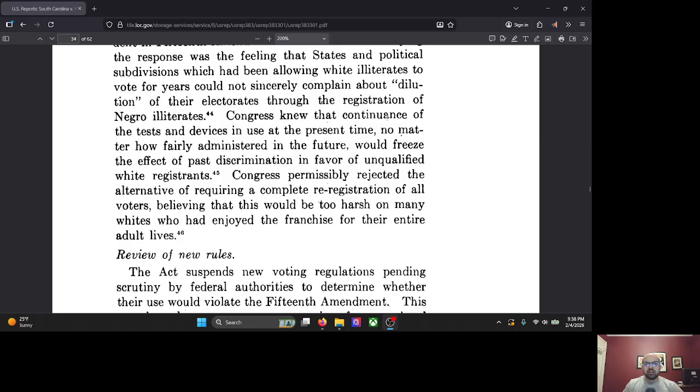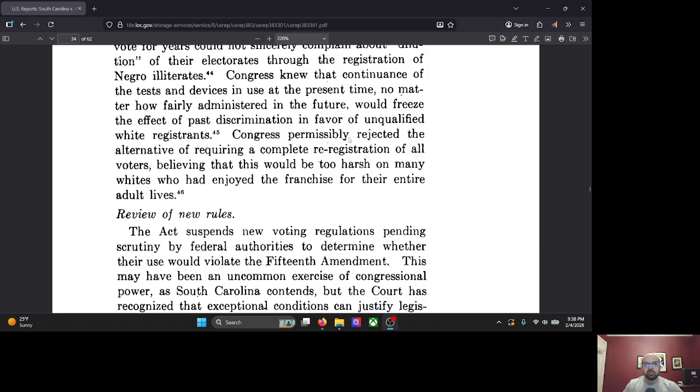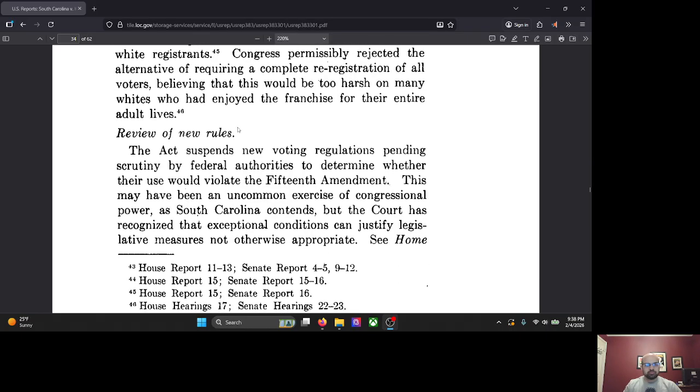Congress knew that continuance of the tests and devices in use at the present time, no matter how fairly administered in the future, would freeze the effect of past discrimination in favor of unqualified white registrants. Congress permissibly rejected the alternative of requiring a complete re-registration of all voters, believing that this would be too harsh on many whites who had enjoyed the franchise for their entire adult lives.